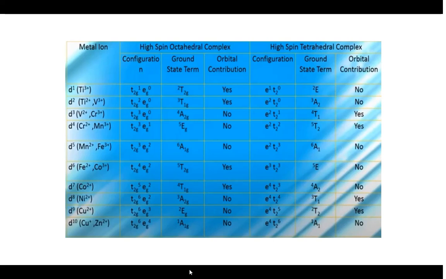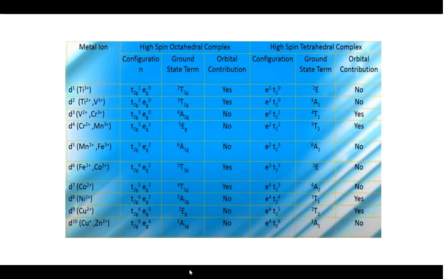When an electron distribution takes place and only one arrangement is possible, the corresponding ground state term is singlet A. When two arrangements are possible, the ground state term is doublet E, and for three arrangements, the ground state term is triplet T. In a term symbol, the left-hand superscript denotes the spin multiplicity, and the right-hand subscript g indicates gerade.